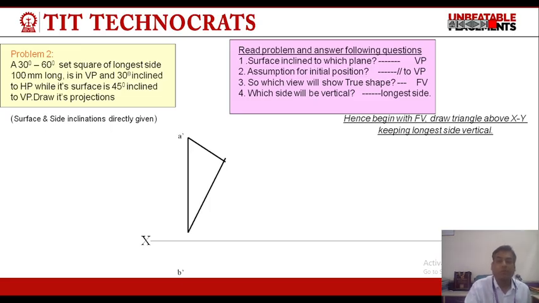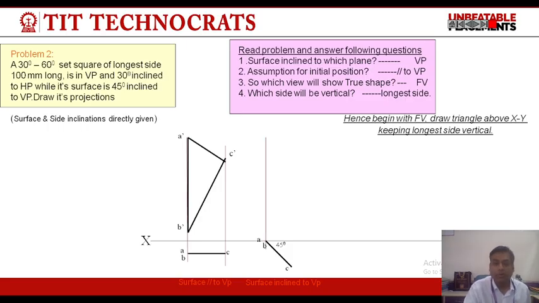In the second step, we will get a line in top view by projecting these points on the XY line. Now, as said in the problem that the surface is inclined at 45 degrees, in step 3, we will copy this line at the given angle, that is 45 degrees.